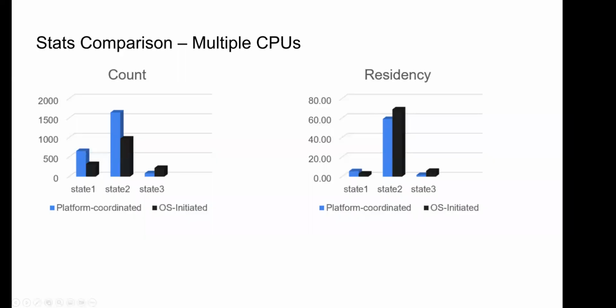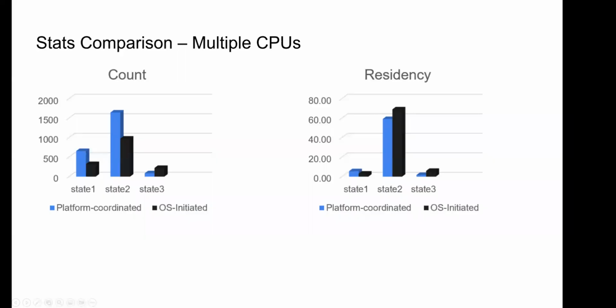Coming to the multiple CPU use case, here we keep 8 CPUs online. For simplicity, this data is clubbed for all 8 CPUs: for a device idle use case of 10 seconds, all 8 CPUs get 10 seconds of idle time, so the sum is 80 seconds.